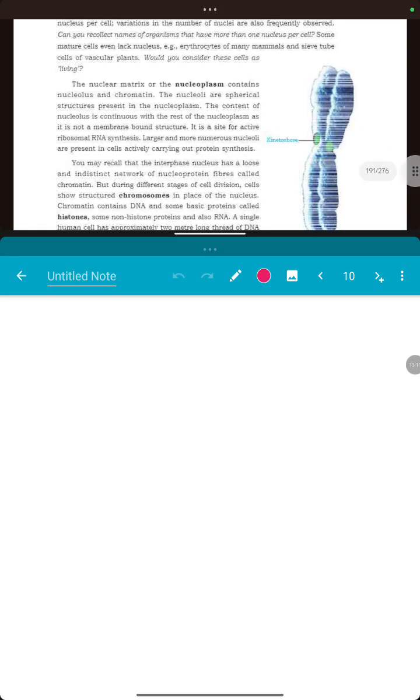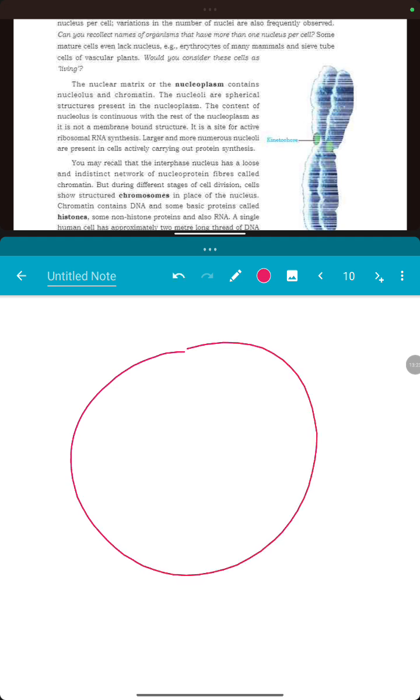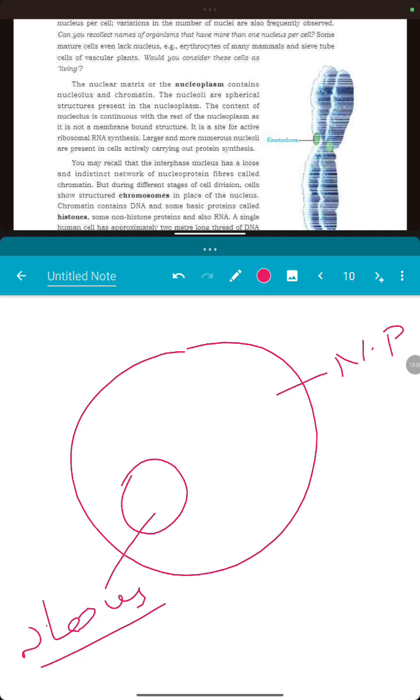The nuclear matrix or nucleoplasm contains nucleolus and chromatin. So the nucleus has nucleoplasm. Inside, this one was nucleolus.